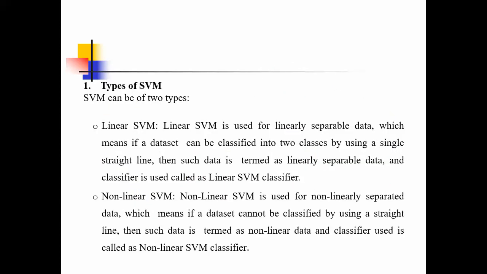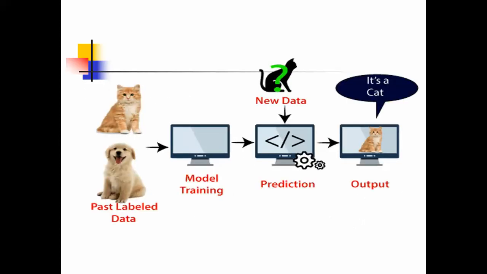So we have two types of SVMs, linear SVM and non-linear SVM. Under linear SVM, we have a linear set. For example, in the previous example, we are going to classify the cat images and dog images.